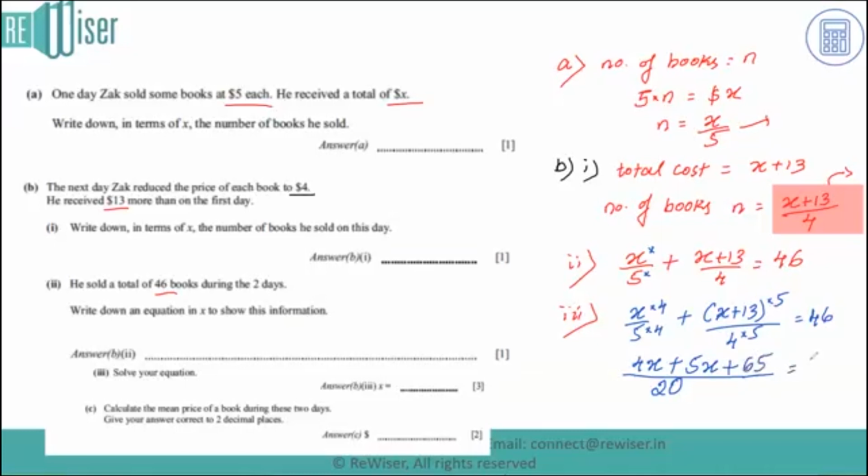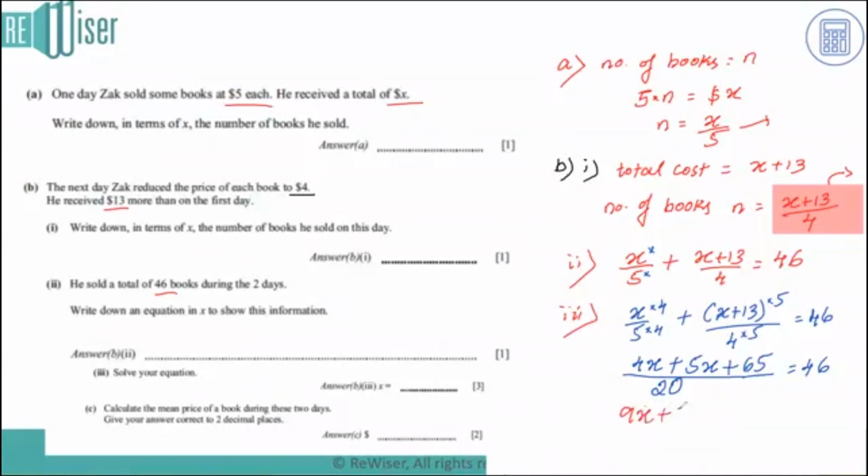Yes, of course, we can also use the calculator. So 46 is on the other side. When 20 goes to the other side, 4x plus 5x is going to be 9x. So we will be having 9x plus 65 equals 46 times 20.